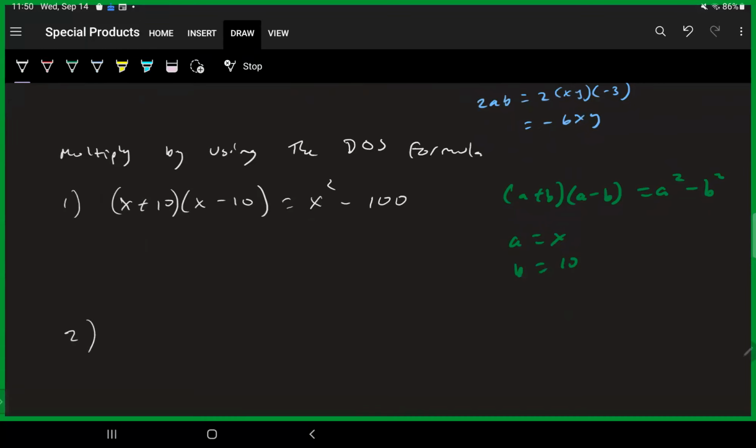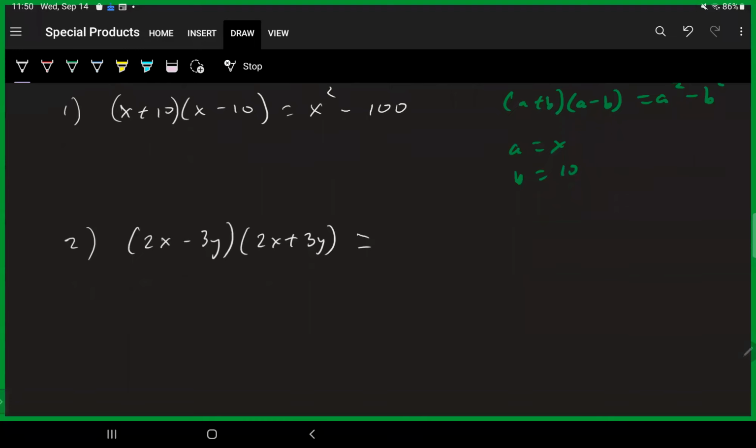These can get a little bit uglier sometimes. I'm looking at 2x minus 3y and 2x plus 3y.